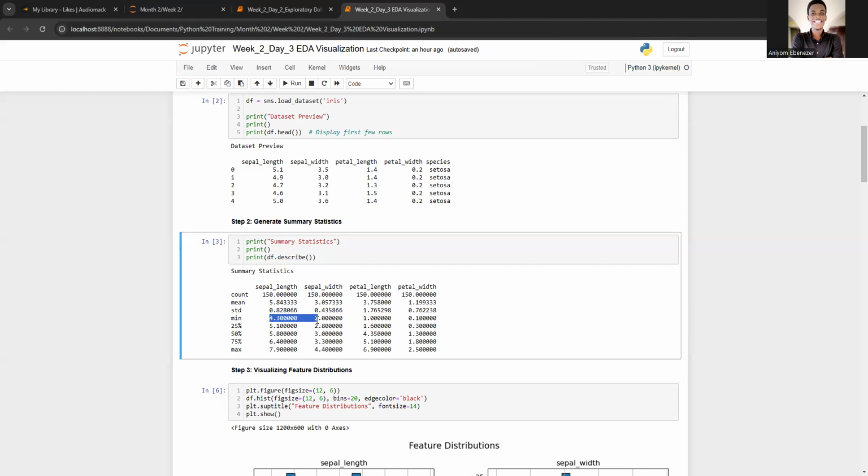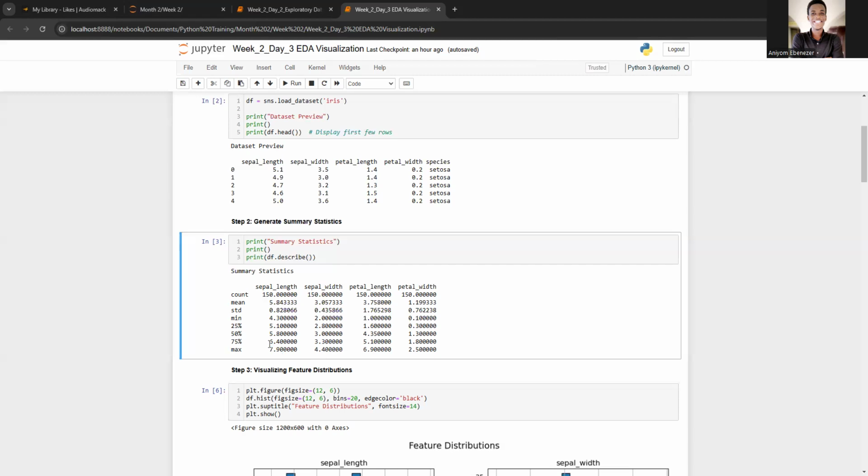See the minimum values, 4.3, 2.0, 1.0, and 0.1, right? And then you go also for the 25th percentile, the 50th percentile, the 75th percentile, and then the maximum value. Another thing that is very good for understanding the distribution of your data, I know we're going to visualize, but look at this very closely.